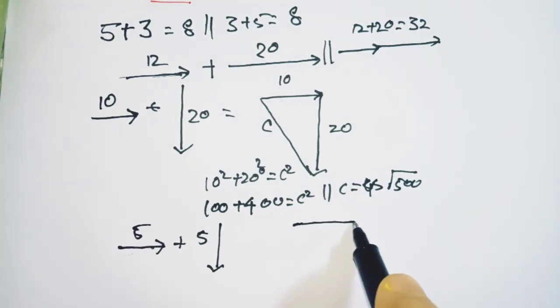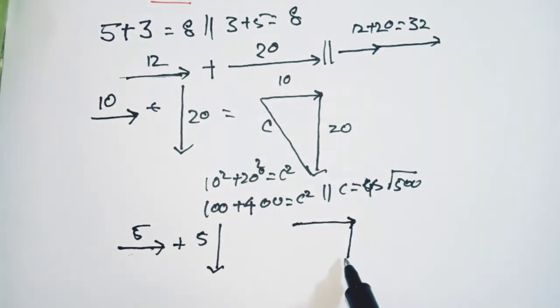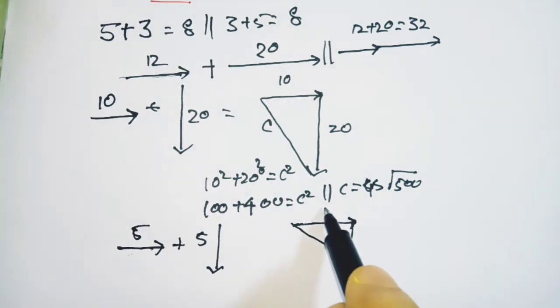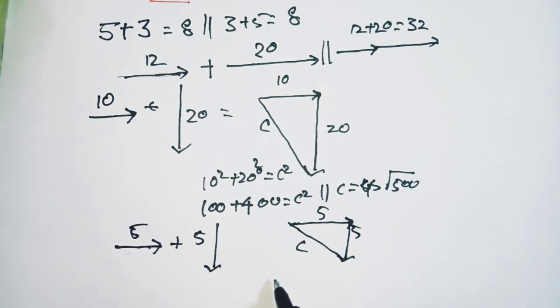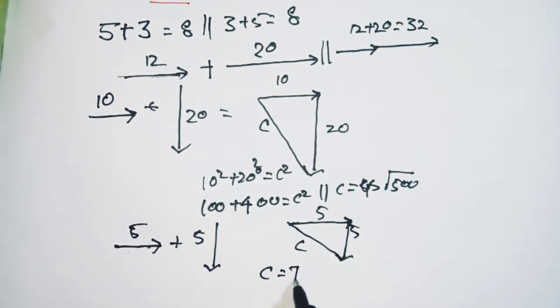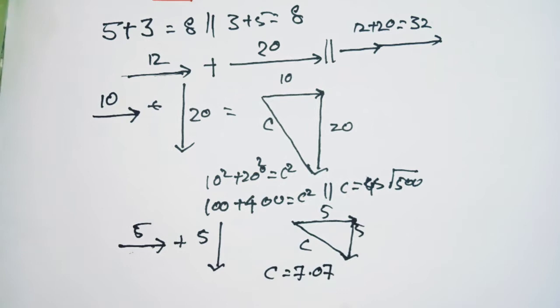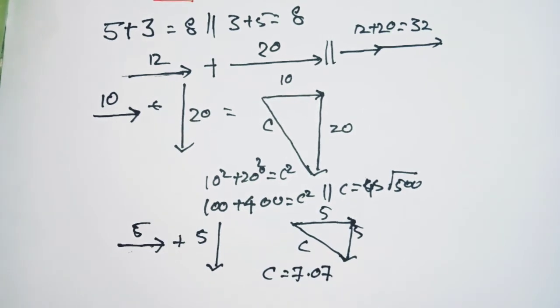So again we take this 5 and this 5 and we get a vector like this. So this would be 5, this would be 5. If I take this as C, it would be something around 7.07.